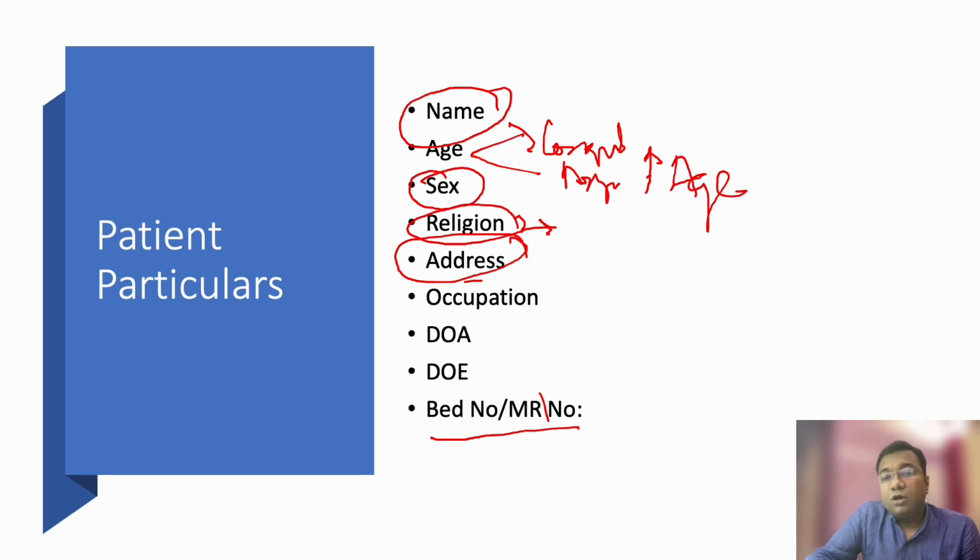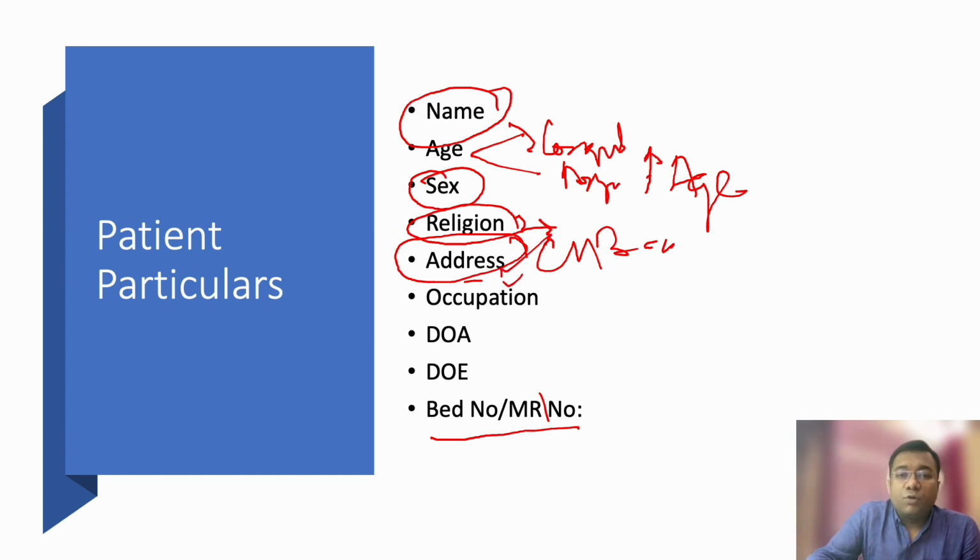Address is important because there are certain diseases which are prevalent in certain areas, like the Gangetic belt of India. There, gallbladder cancer is very prevalent. Okay, GB cancer. You have sub-Himalayan areas where thyromegaly or thyroid goiter is very common.